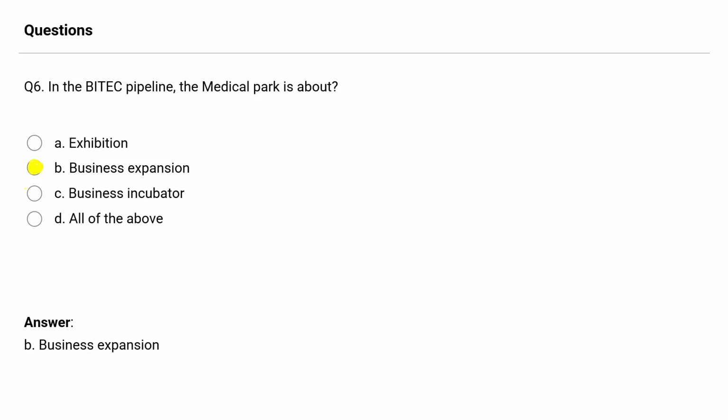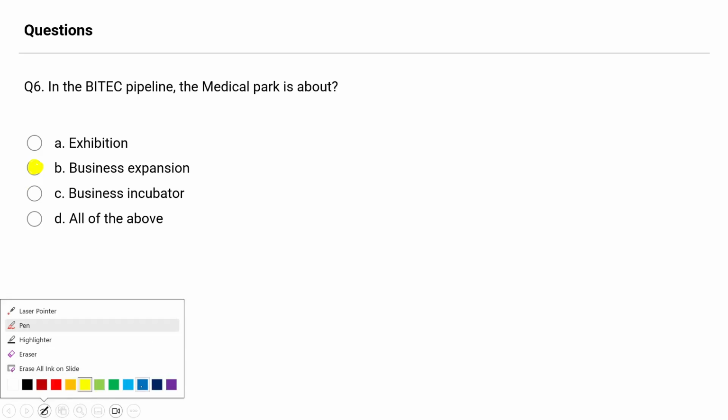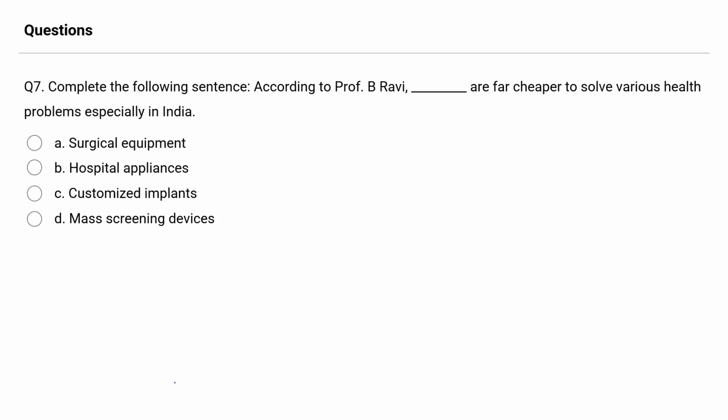Alright. Let's go to our seventh question. Complete the following according to Professor Ravi. It is the plan. Blank are far cheaper to solve various health problems, especially in India.